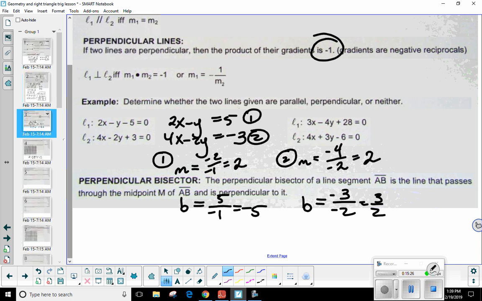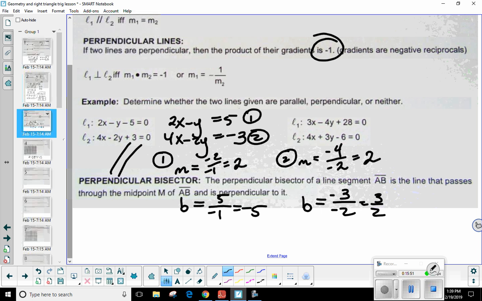So we have two lines that each have the same slope, but their y-intercepts are different. What's that telling me? They are parallel to each other. If I did try to solve it using substitution or elimination, we would not be able to get an answer. There are no ordered pairs x, y to make that true.